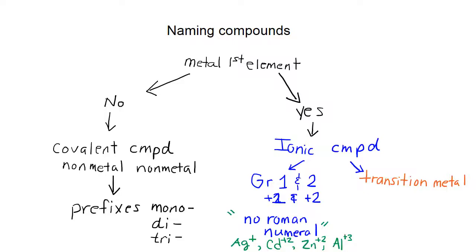For example, if you want to say iron 3 chloride, you need to write iron, Roman numeral 3, chloride. If you do not indicate the Roman numeral, which represents the charge of the transition metal, then you're not going to know what the charge is, okay? Because then you're not going to be able to write the chemical formula.